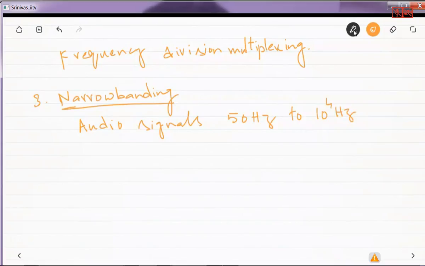So 10 power 4 hertz is 10 kilohertz, right? Now let's think about transmitting an audio signal, which can lie anywhere in this frequency range. Some audio signals may be around 100 hertz, and some around 10 kilohertz. So what is the ratio of f max by f min?